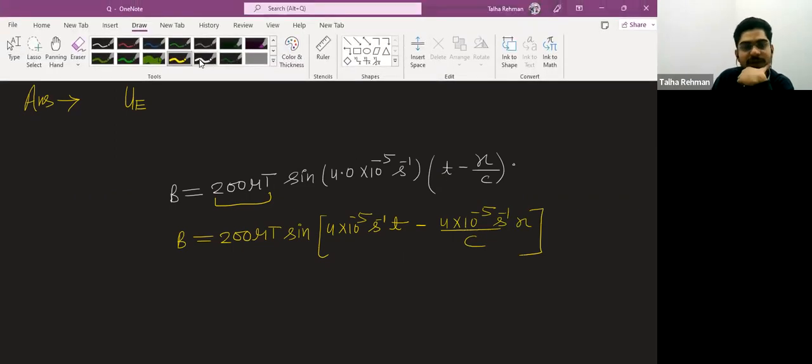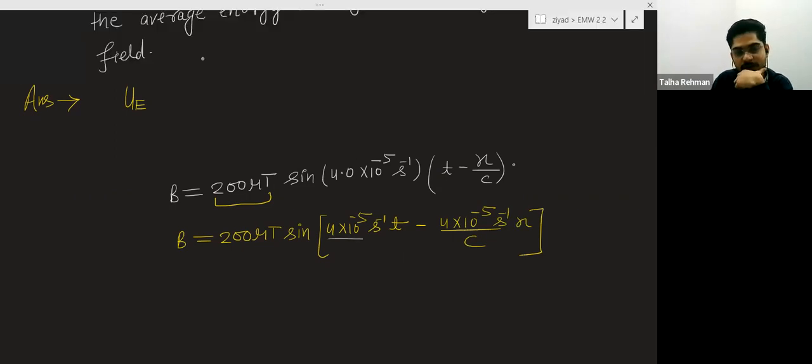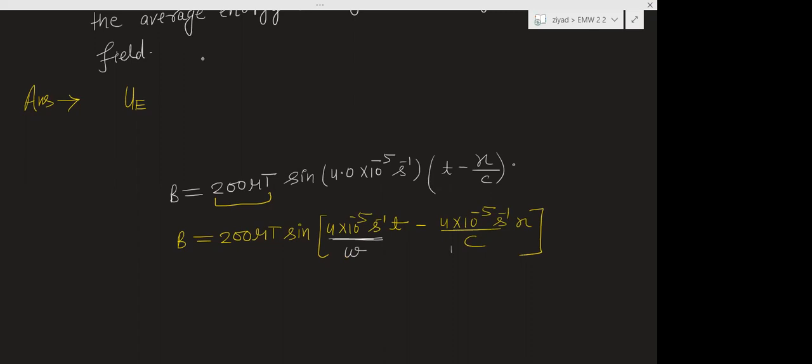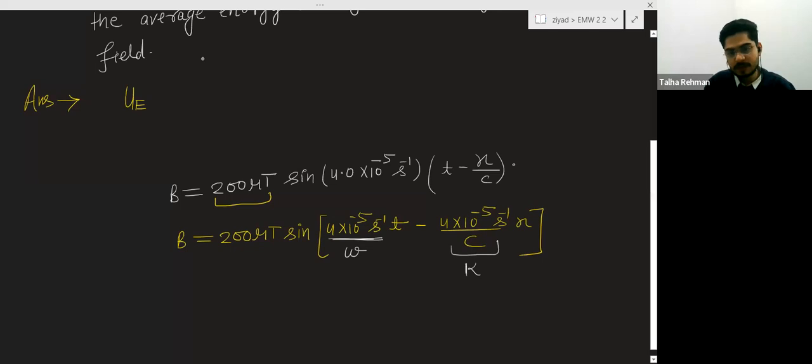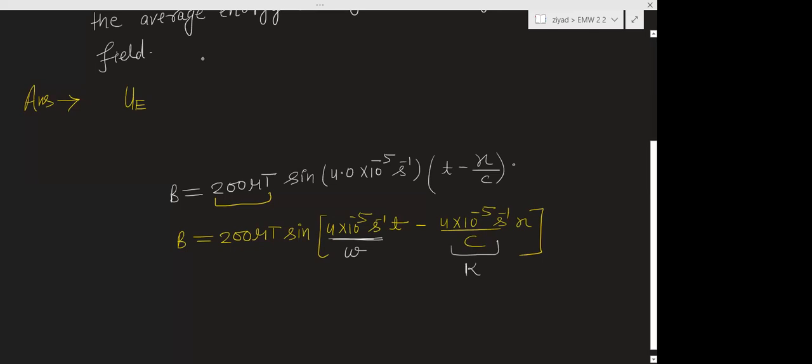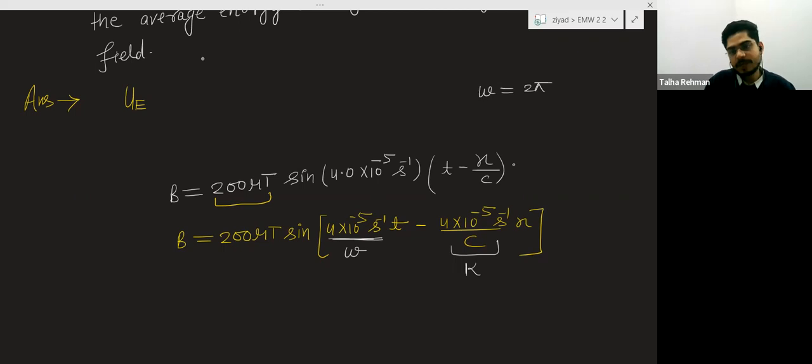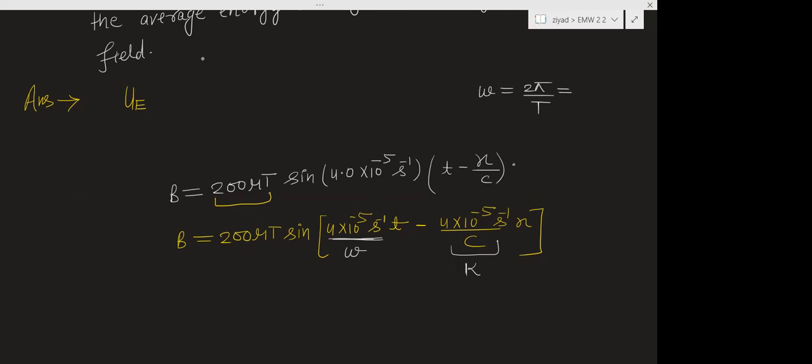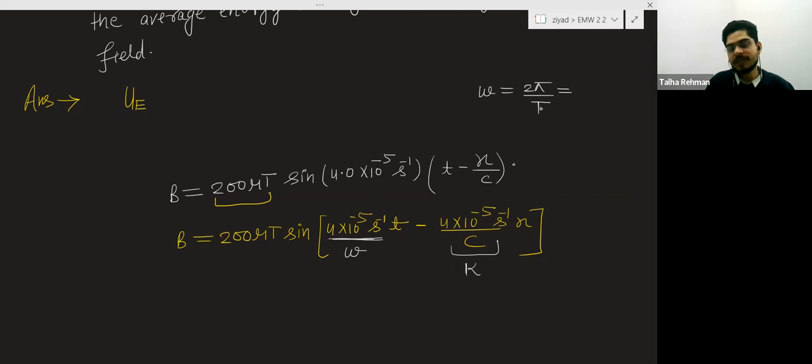As I told you in the last class, the value with t will be omega, and the value with x will be K. Basically, this omega is given by 2 pi by T. From the unit also, 2 pi does not have any unit, and T has the unit second, so the unit of omega will be second inverse. So this is omega, this is K.